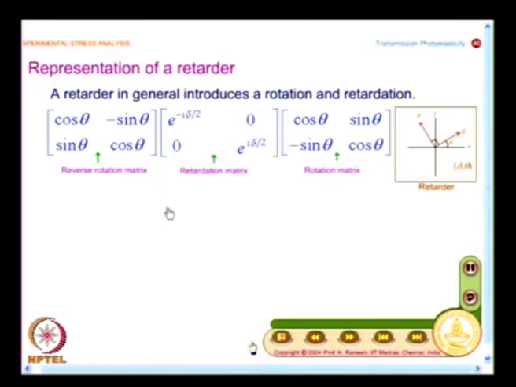In photoelasticity, you need to have matrix manipulation, you also need to know trigonometric identities. If you know these two, development of the mathematical aspect of photoelasticity is a lot simpler. And once you do this matrix multiplication and have this result as a ready reckoner, then finding out what happens in a quarter wave plate, or in a half wave plate, or in an actual model, becomes very simple for you to write.